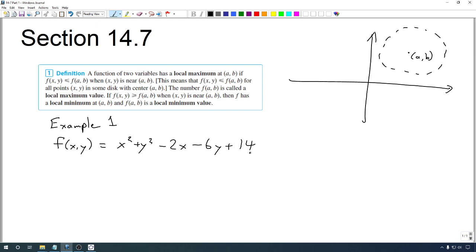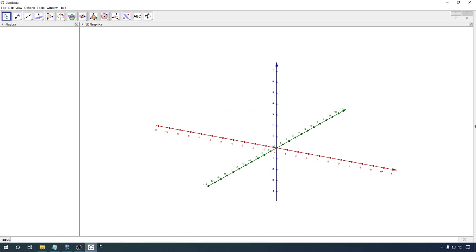And we're going to graph this. So we have f(x, y), again, it's x squared plus y squared minus 2x minus 6y plus 14.